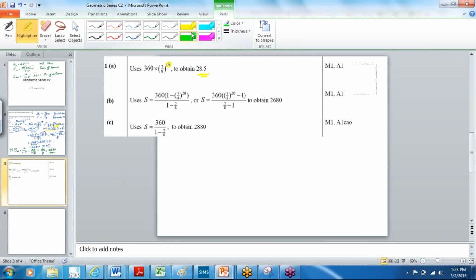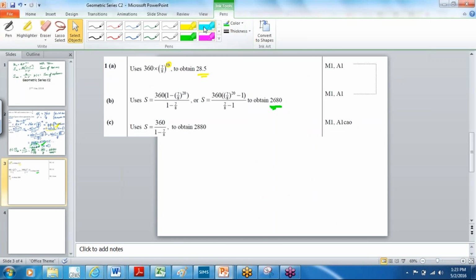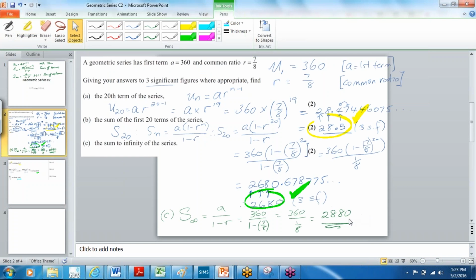And the second answer, 2,680. We've already got the 3 significant figures. So yes, we just have to tick there. And finally, we wanted the sum to infinity, and they've got a over 1 minus r, 2,880, and we've got that correct as well.